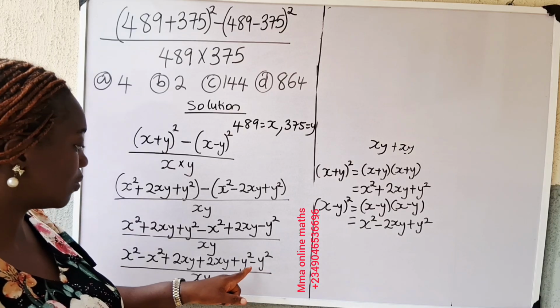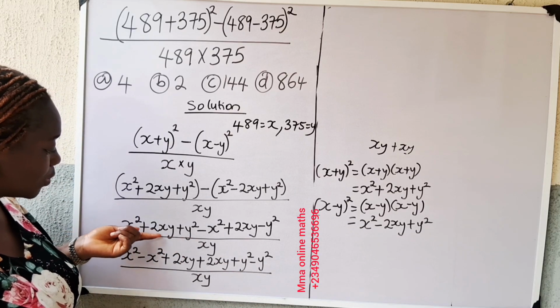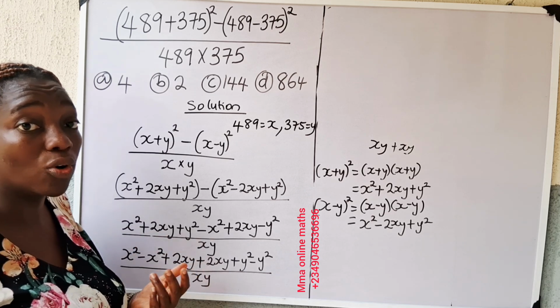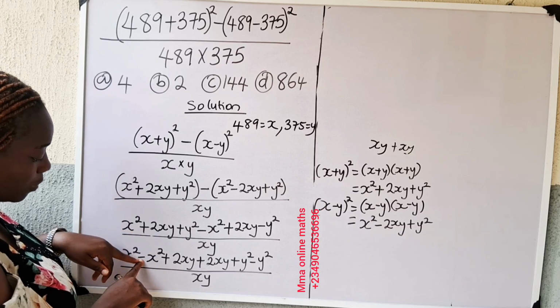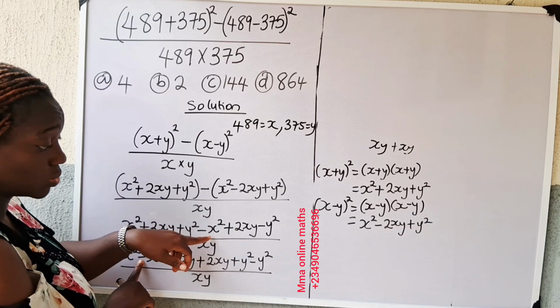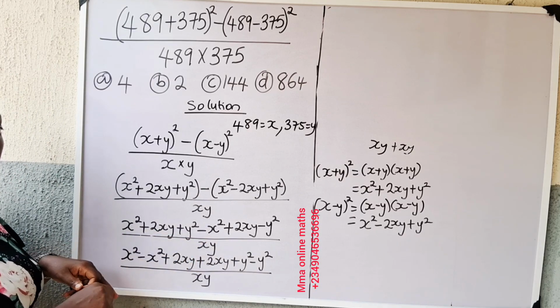Now, if you observe, the sign before the number will be the sign the number carries when we rearrange them. That is why here we don't have plus, instead we have minus, because this minus belongs to X squared. So when we rearrange X squared, we should as well carry the minus sign.